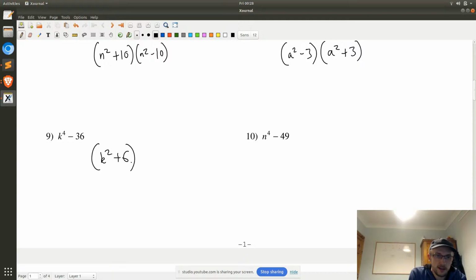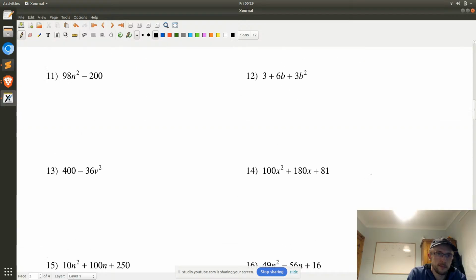K squared add 6 times k squared take 6. And n squared take 7 times n squared plus 7. But then we pause, because we notice they're not perfect squares until we do this.